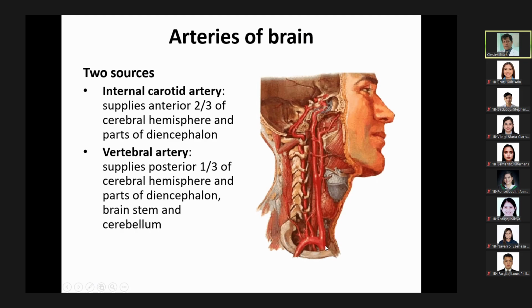Because on the right, the brachiocephalic artery is the origin of the right subclavian and the right common carotid. Unlike the left, no, where they are direct branches of the arch of the aorta.